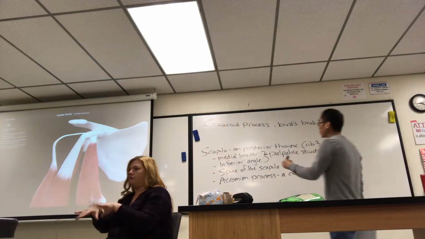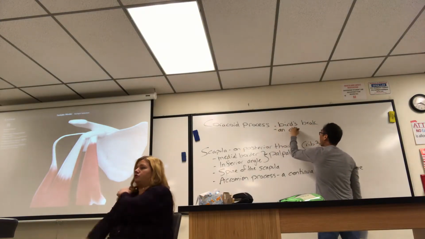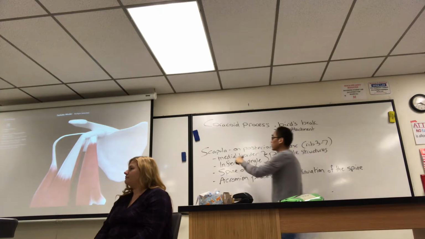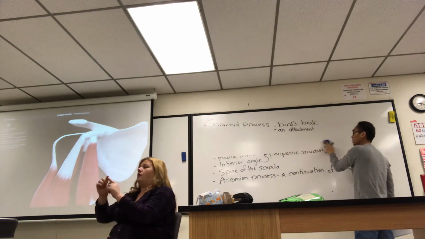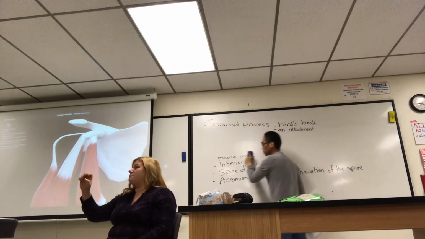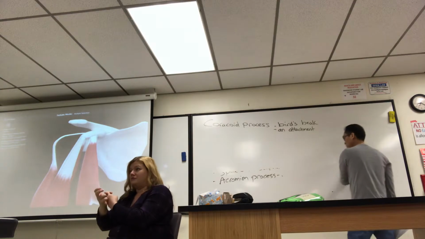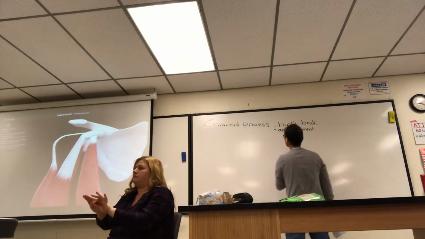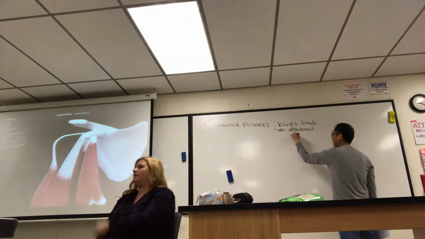An attachment point for, and let's remember when I use the word attachment, you should know that muscles attach to bones of your skeleton to move your skeleton. That's why attachments are important. Well, anyways, this is a bony attachment for the short head biceps brachii.